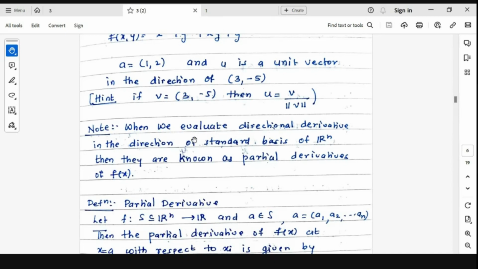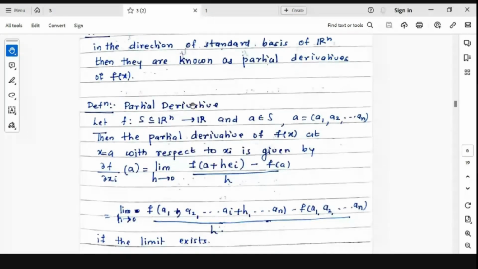So if I'm talking about R2, if I'm taking a directional derivative in the direction of the x-axis or y-axis, or suppose in R3, with respect to the x-axis, y-axis, z-axis, that is in the direction of e1, e2, e3, then those directional derivatives are called the partial derivatives. Now, these partial derivatives play an important role in defining the derivative of a scalar valued function or a vector valued function. Let us understand what the partial derivatives are.